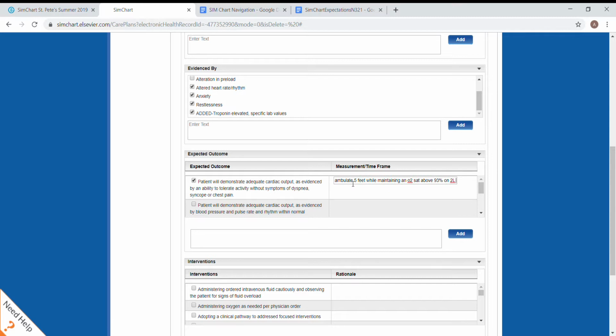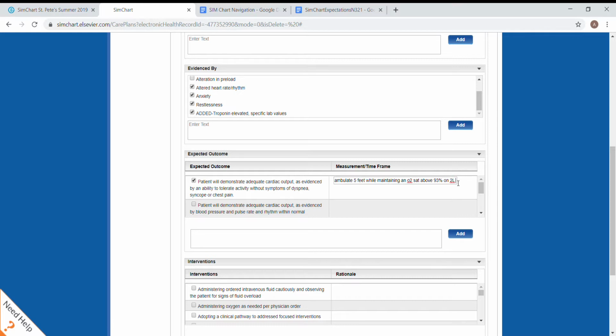So your measurement is your 5 feet and then maintaining an O2 sat above 93%. And your time frame is going to be however long you want this goal to be achieved.